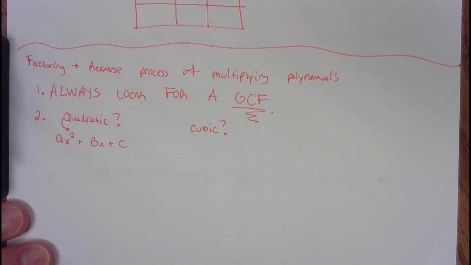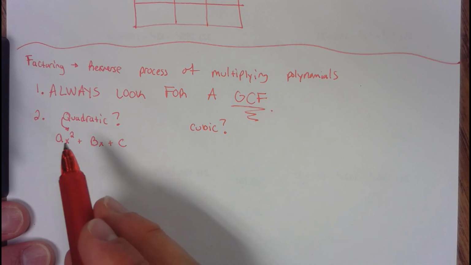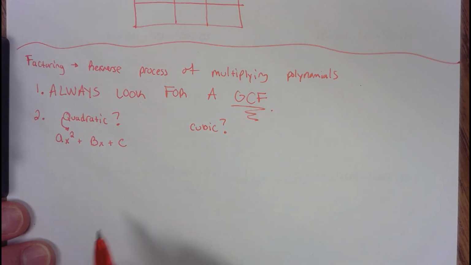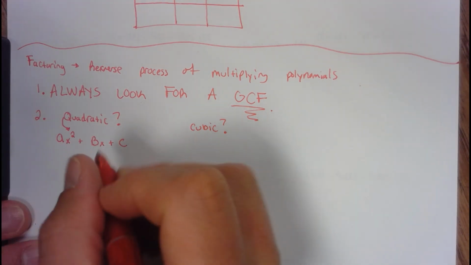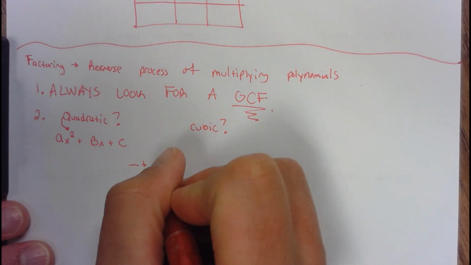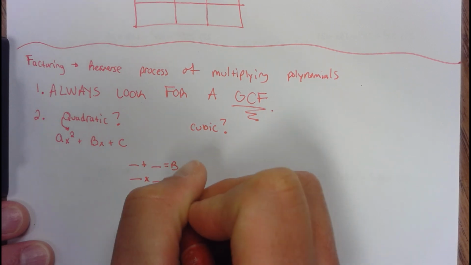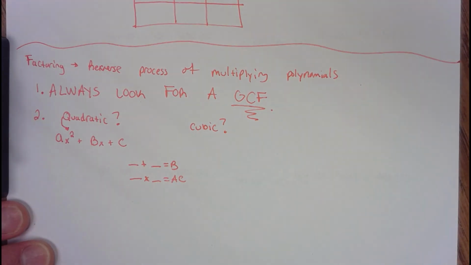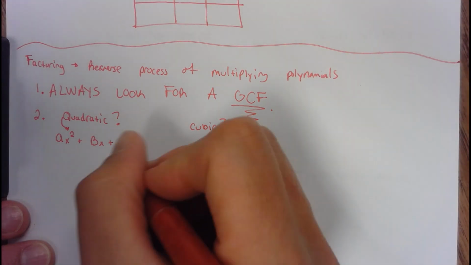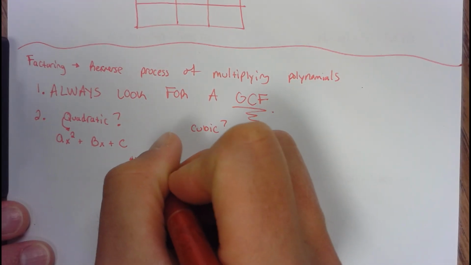If we recognize that we are trying to factor a quadratic and we've looked for a GCF, this is where we need to find the 4th term. Having 3 terms is a problem. So we would start by finding 2 numbers, let's do this off to the side, 2 numbers that add to b and multiply to a times c. Let's call those number 1 and number 2.